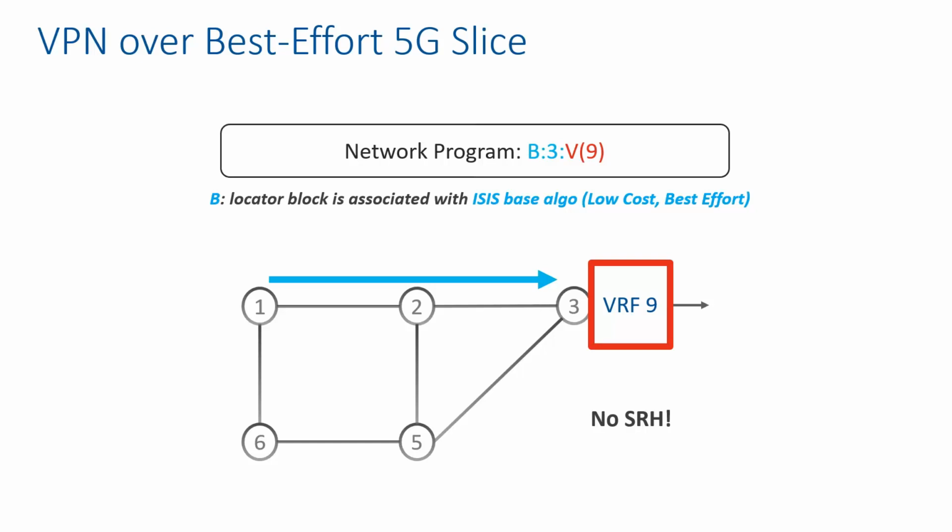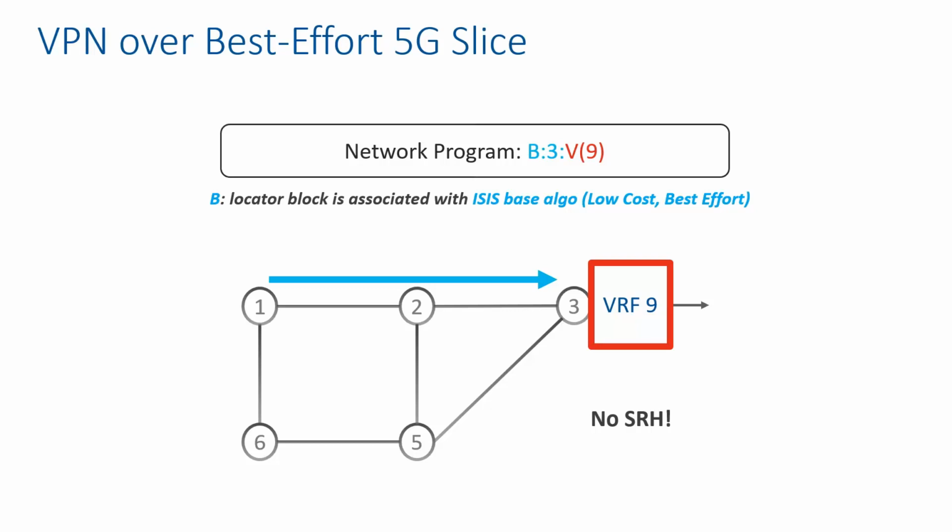So once we have done this IPv6 encapsulation and written the destination address, the packet is sent by 1 and then forwarded by 2 along the best effort shortest path to node 3. The packet gets to 3 and 3 says, look at it, the first bits are B3, that's me.